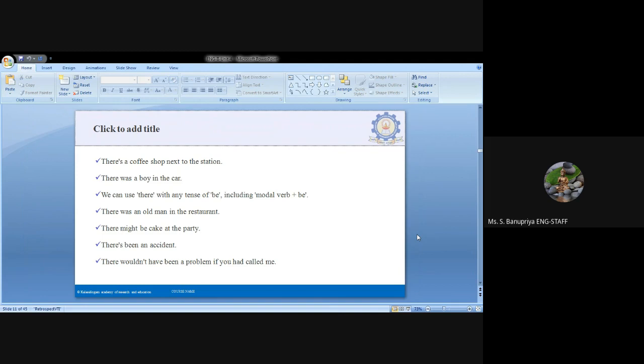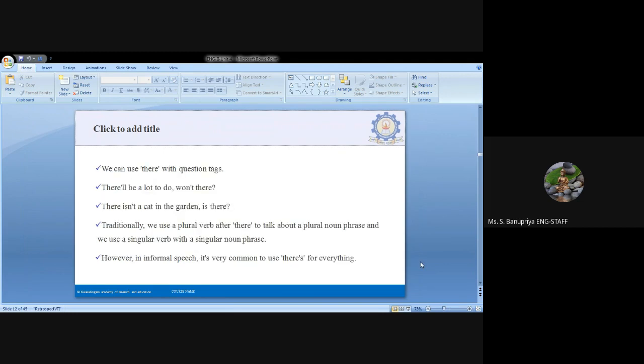There might be cake at the party. You can see here there might is a modal verb, plus be form verb. We can frame a sentence with the help of there and modal verb and be form verb. Here is also like that. There's been an accident. There wouldn't have been a problem if you had called me.